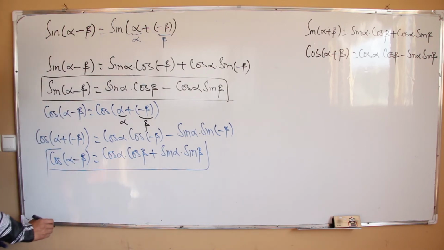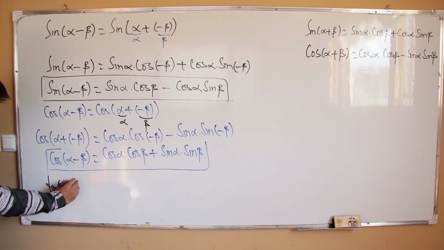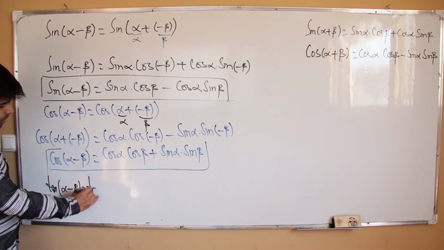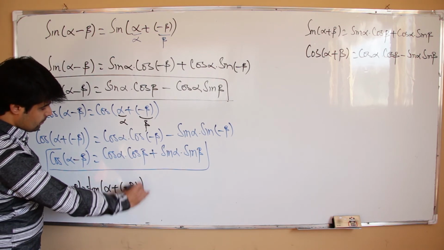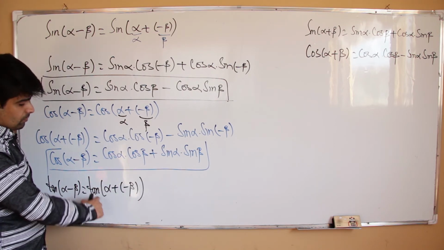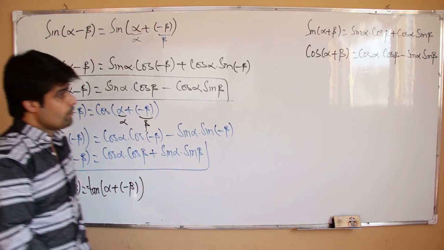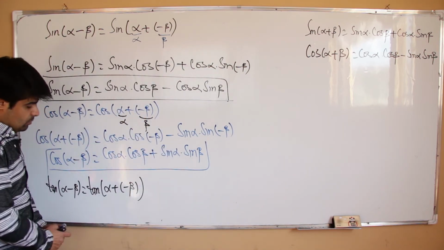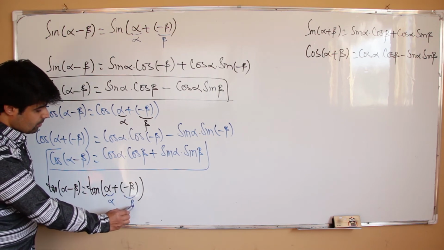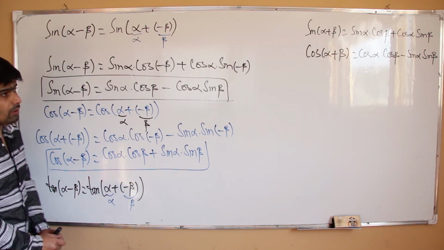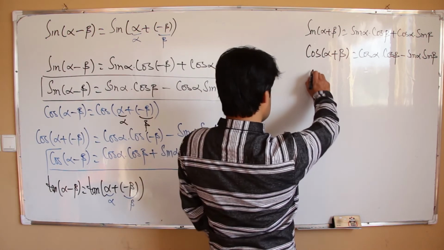What's the formula for tangent? Tangent of alpha minus beta. Can we write this one as tangent of alpha plus negative beta? Yes, we can do. It's the same. So if I suppose this one is alpha, this one is beta, what's the formula for tangent of alpha plus beta?